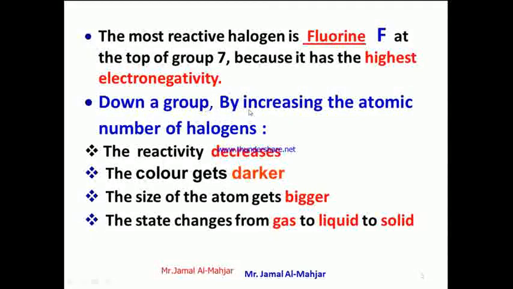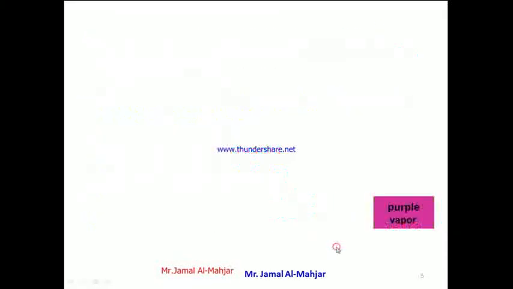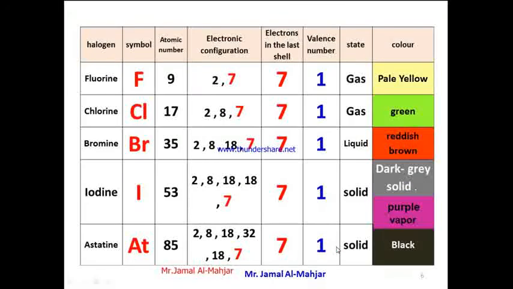Down a group, by increasing the atomic number of the halogens, the reactivity decreases. The color gets darker, the size of the atom also gets bigger, and the state changes from gas to liquid to solid. We will go back here.